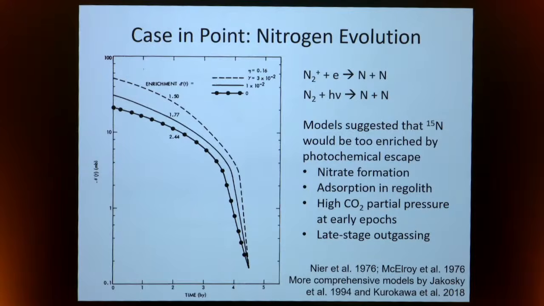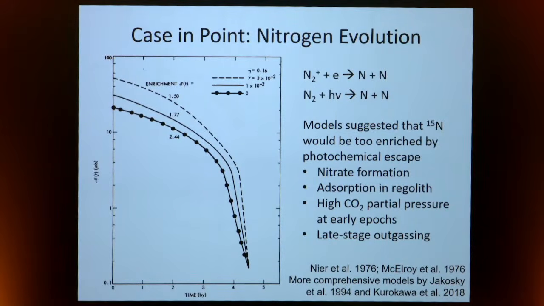So we can evaluate the efficacy of each of those processes in our framework, taking into account the current understanding, for example, how much nitrate we'd expect on Mars and how much CO2 there could be given the carbonate constraints.